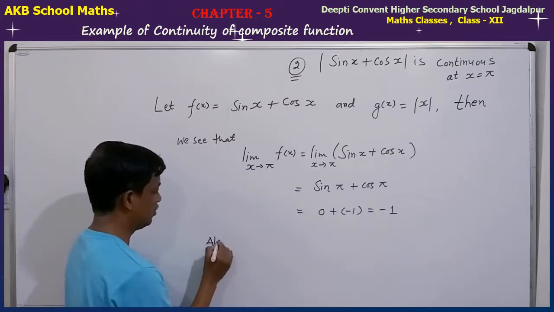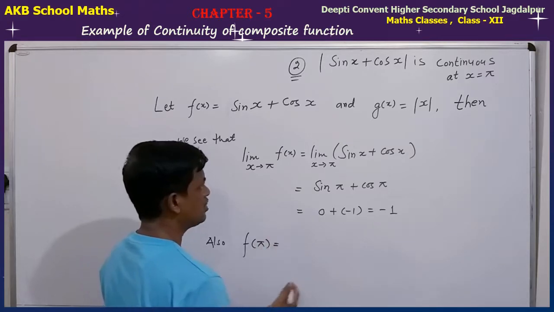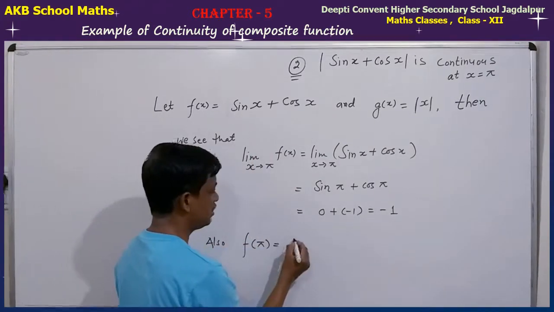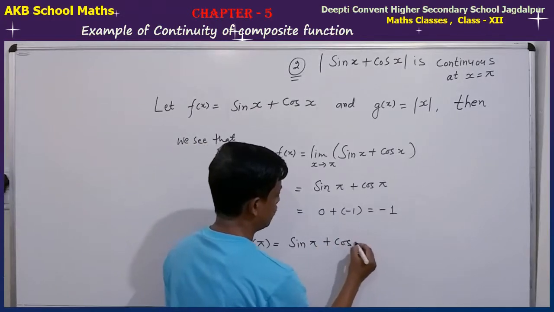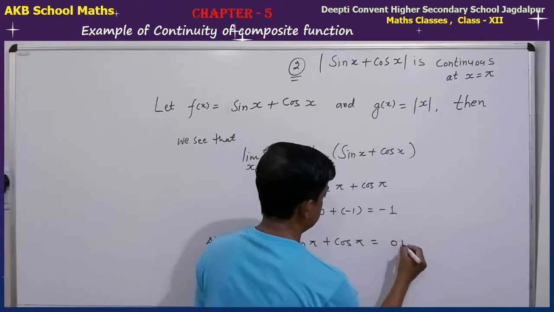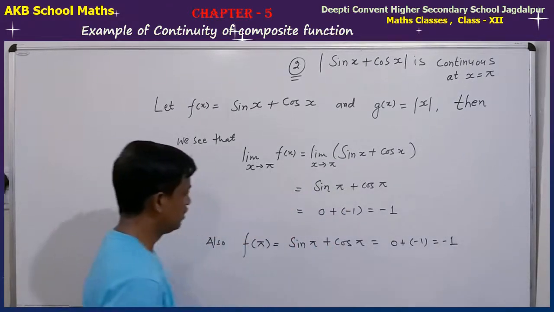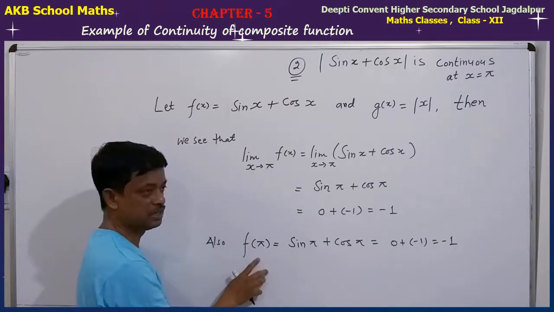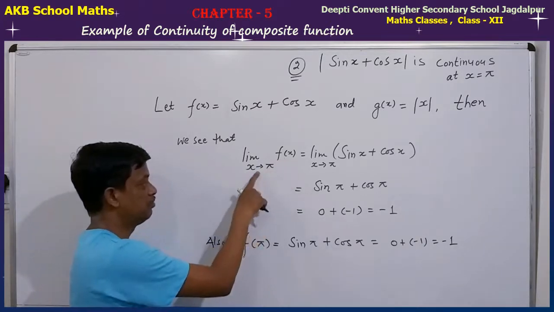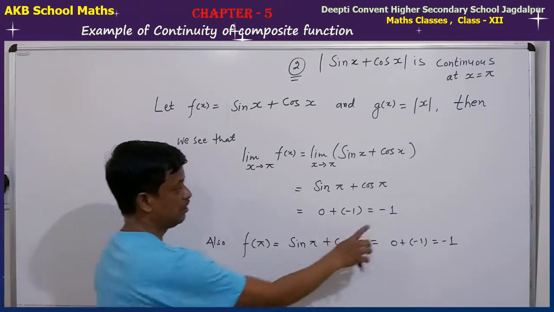Also, the value of the function f(pi) is sin pi plus cos pi equals 0 plus minus 1, equals minus 1. The limit of the function at pi and the value of the function at pi are the same.